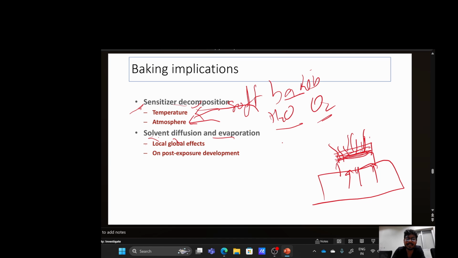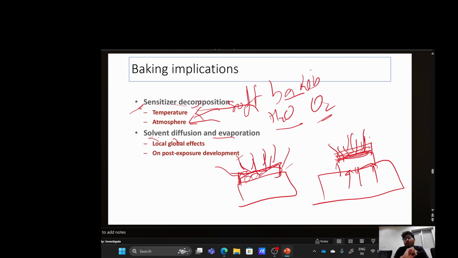And the other thing is, if you anneal in a vacuum oven, the annealing happens from the top. Initially this top part will get hardened, and it is very difficult for the trapped solvent to get out.